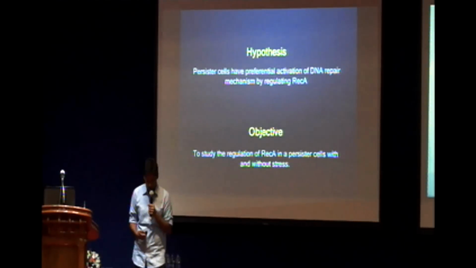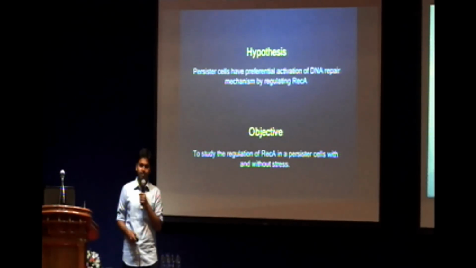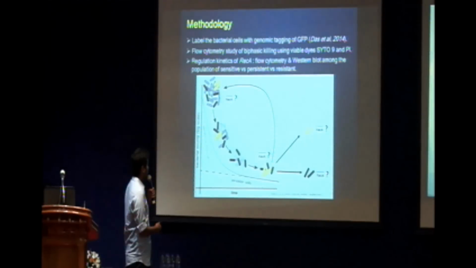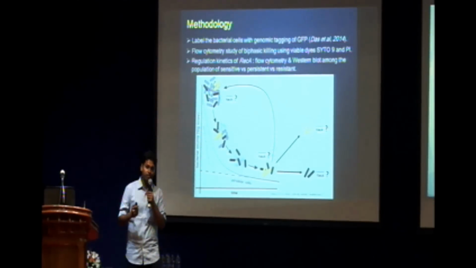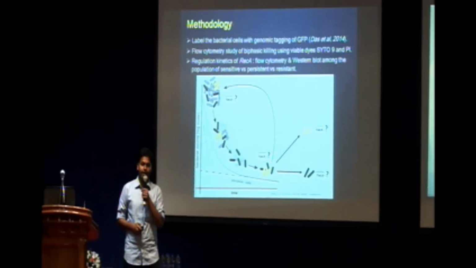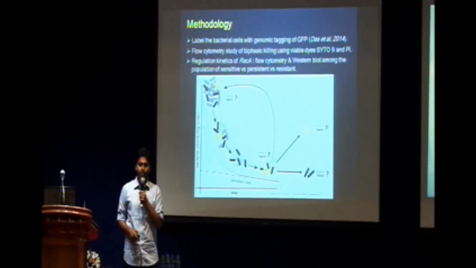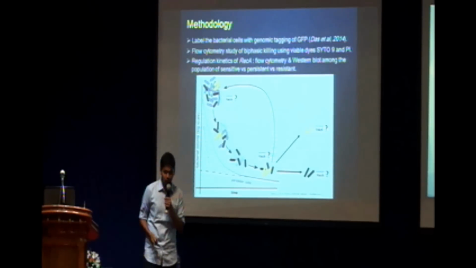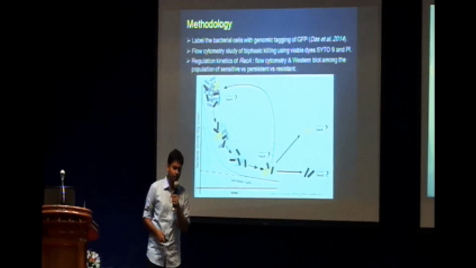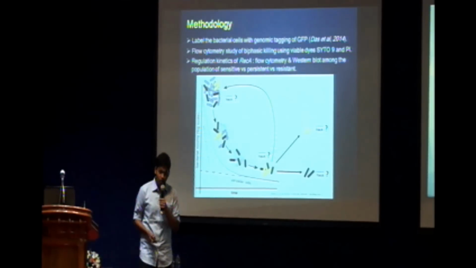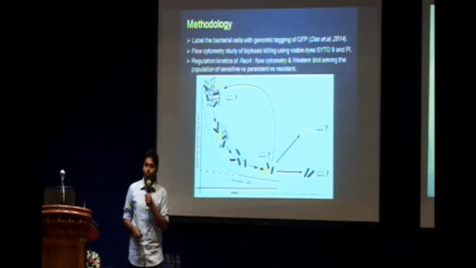In order to test that, we have to study the regulation of RecA in persister cells with stress and without stress, or more precisely, after withdrawal of the stress condition. To do that, we first label the bacterial cells by genomic targeting with GFP, and we can use the CTX5 vector, which has been shown to irreversibly attach GFP to the bacterial genome without hampering any known open reading frame, followed by a flow cytometry study of the biphasic killing using well-known viability dyes like PI, that is propidium iodide, or also CTO9.